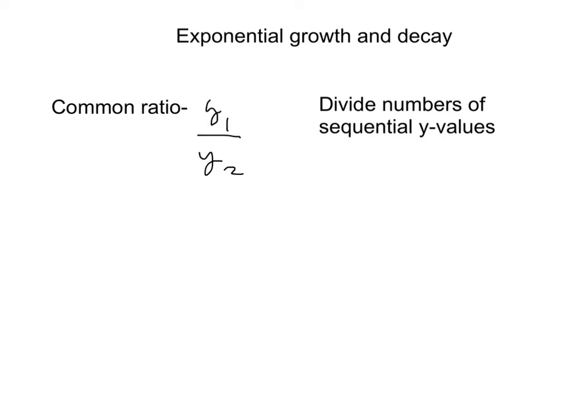Say we have a list of y values that's 3, 10, 20. If we thought that this was exponential, it would have a common ratio, and how we would figure this out is that we would take one y value and divide it by a different y value.